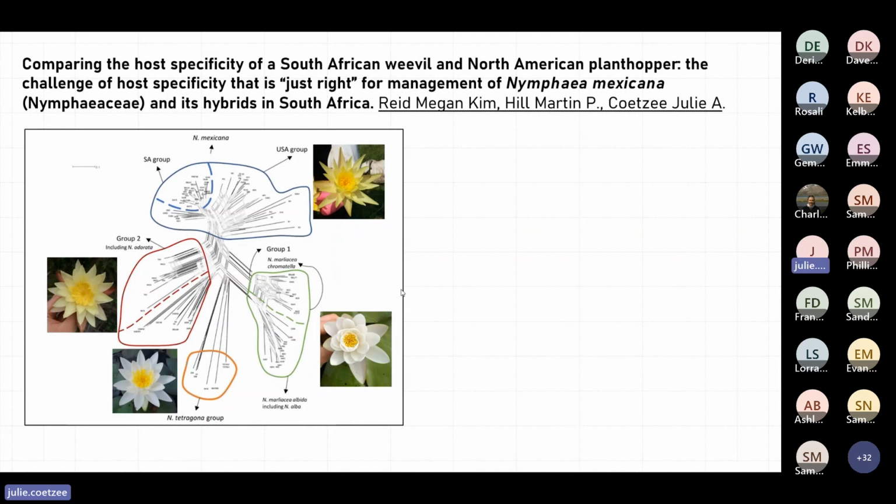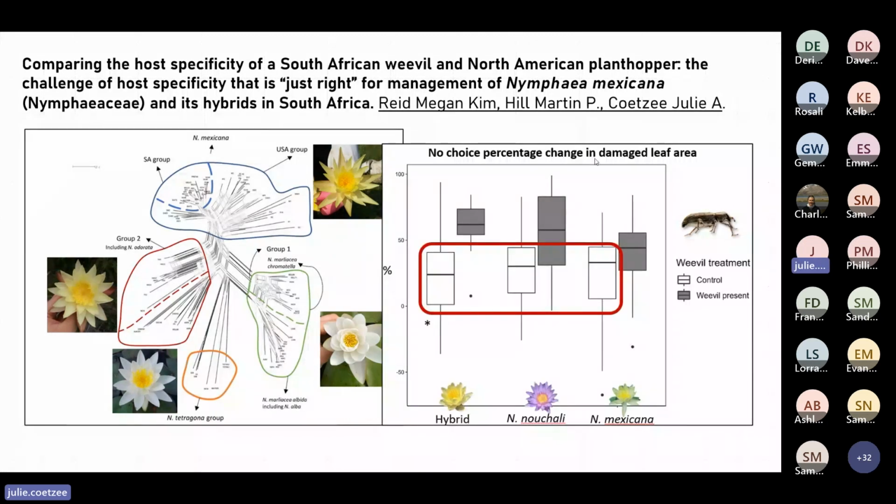So she did some work both in South Africa and in the US, and she looked at this weevil, Bagous longulus, which is an indigenous South African weevil that feeds on our blue water lily, Nymphaea nouchali. And she found it in the field occurring on some of the mexicana hybrids and some of the mexicana plants.